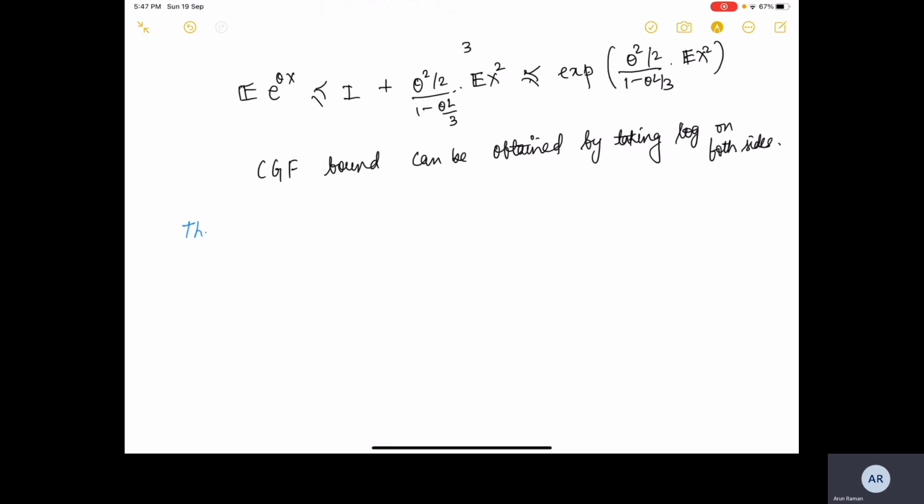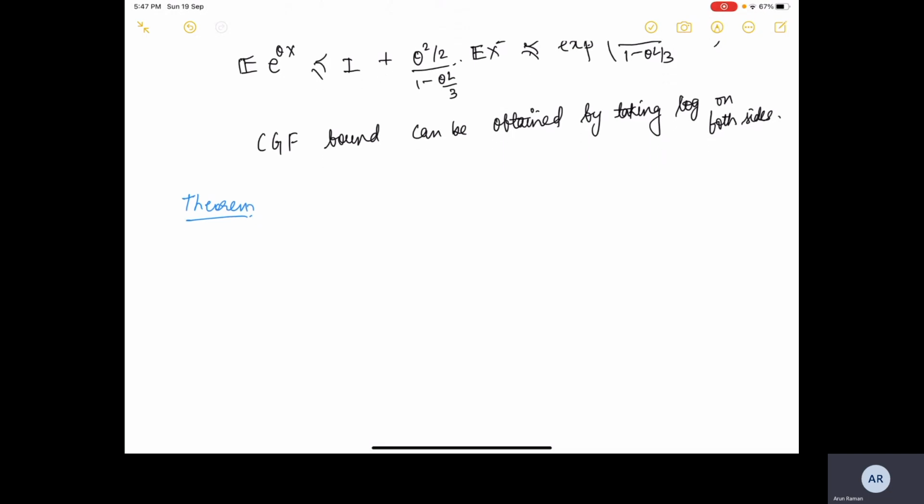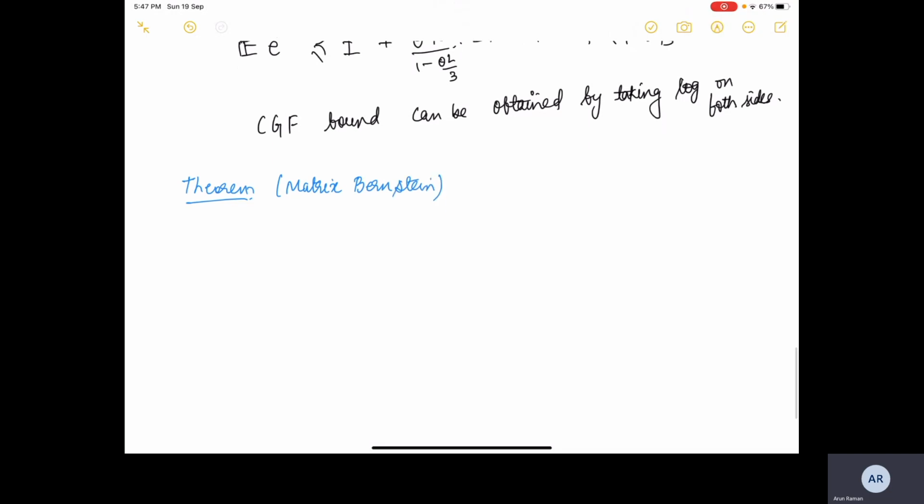I think in the first lecture we discussed the matrix Bernstein inequality and its application to the covariance matrix. So we have already seen the matrix Bernstein inequality. We had a variance statistic and whatnot.